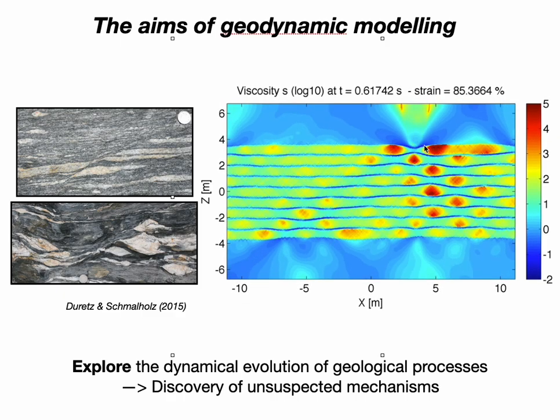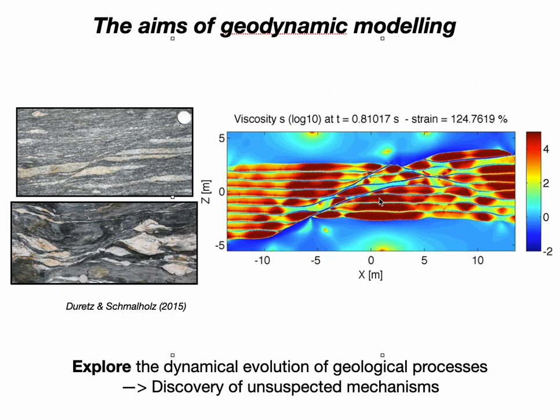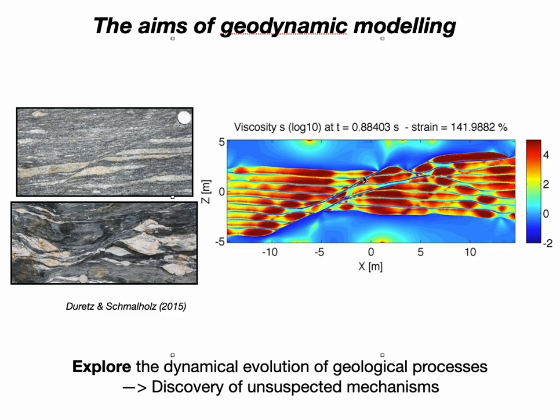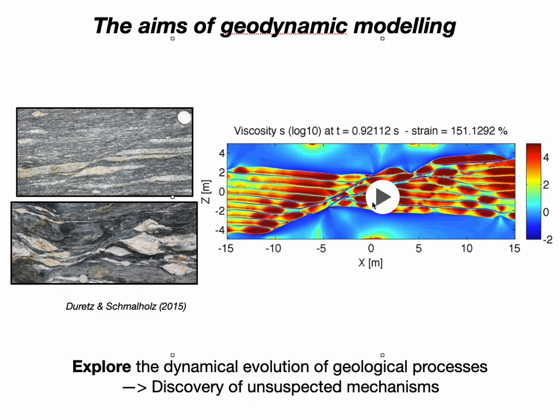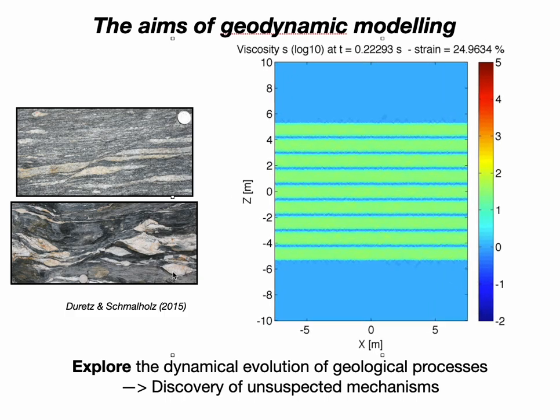Then you will start developing pinch and swell instability in the multilayer. And this pinch and swell instability will start to connect and develop low angle extensional shear zones. So that can be compared to this type of features.